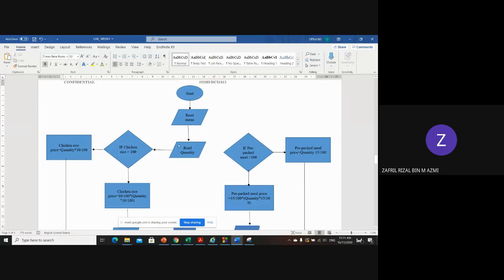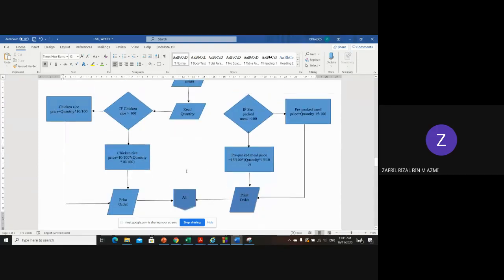For example, if you choose this, then only one path, one in, one out lah. In can be more than one, but out should be only one. Unless you put decision, then you can have two arrow. So this is wrong.